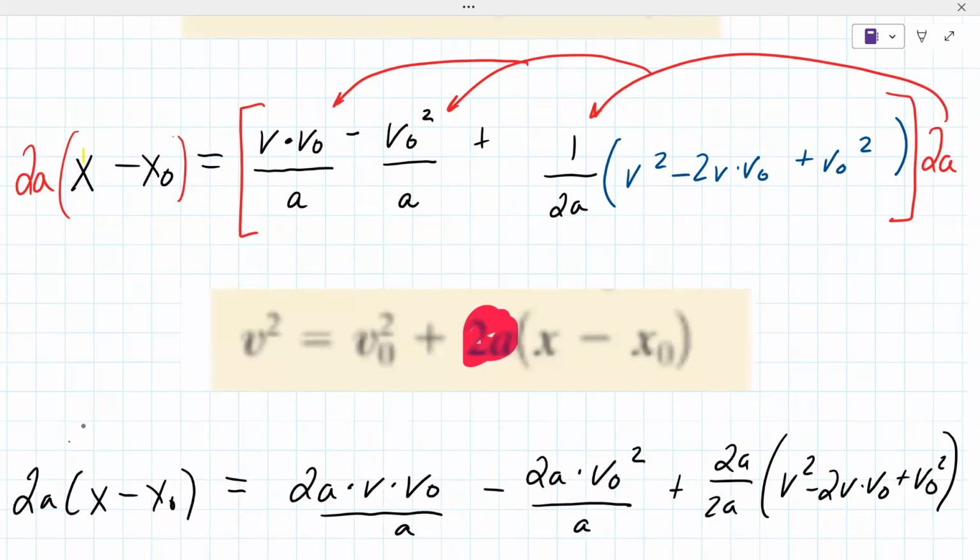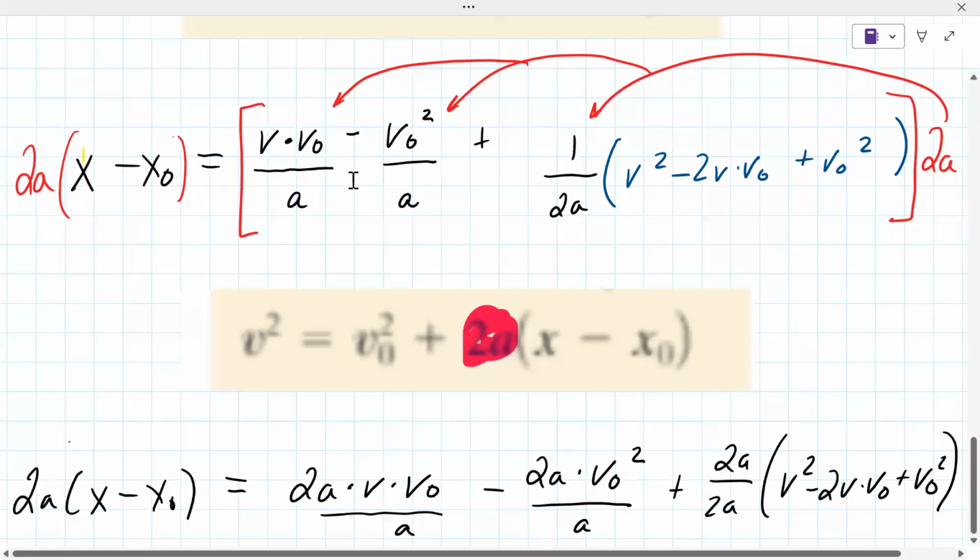And a lot of stuff's going to happen from here to simplify and get where we want to go.